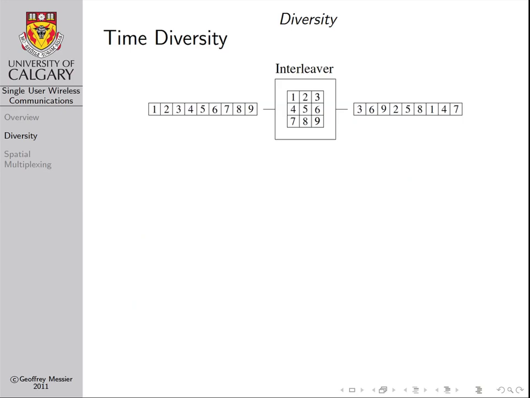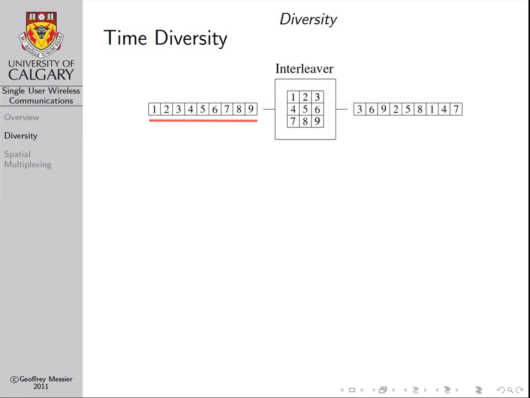This top part of the slide starts out by showing the interleaver structure. So here we have our 9-bit frame, and in this case each of these numbers doesn't represent the value of the bits, it represents the bit position. So the first bit is number 1, the second bit is number 2, and so on. The interleaver structure is essentially a matrix structure, and this is one of the simpler forms of interleavers.